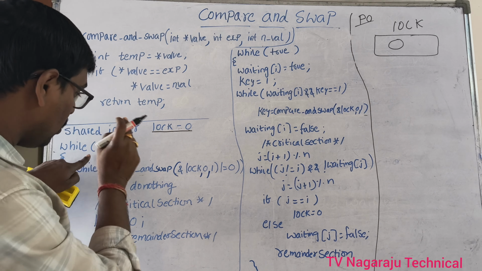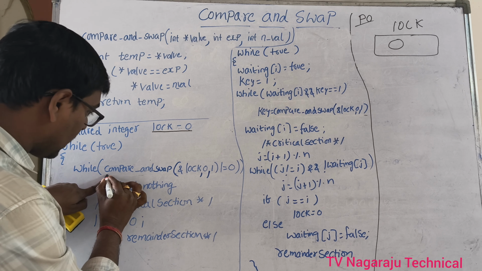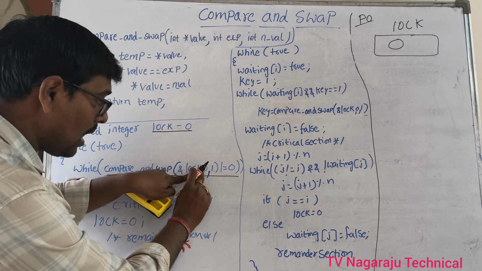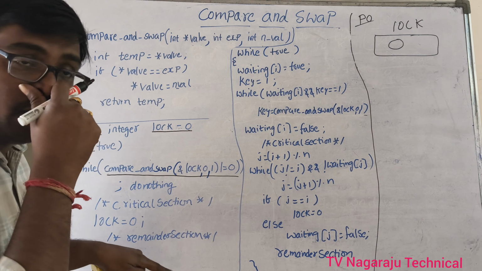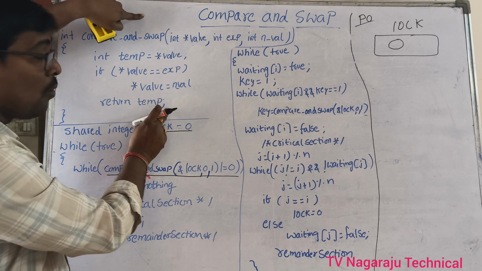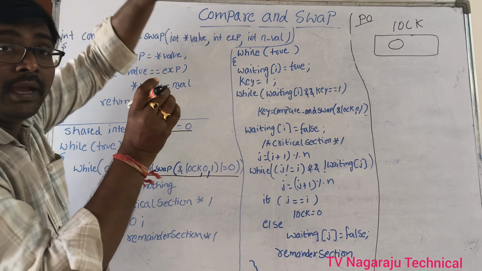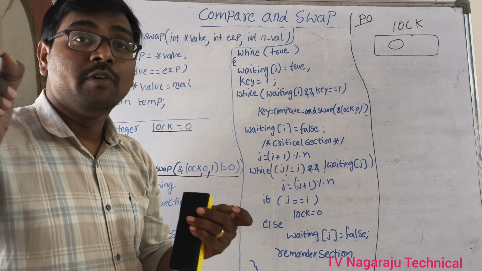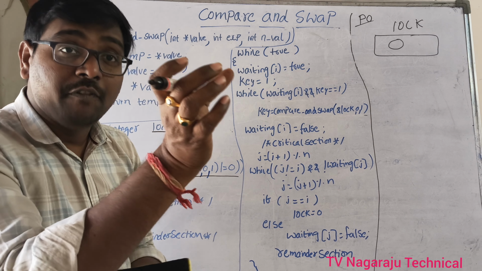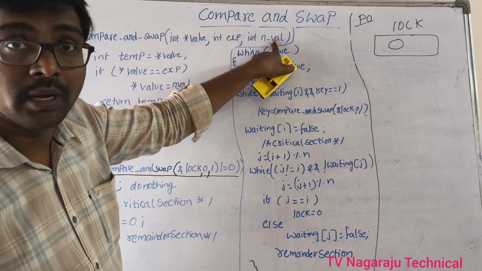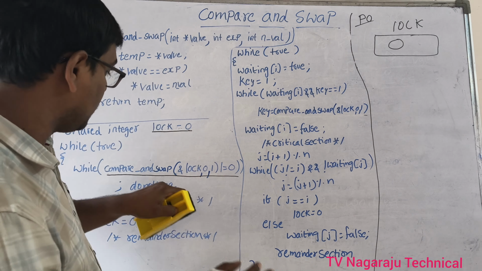Now, while true, I am calling the algorithm compare and swap, ampersand lock, comma 0, comma 1. This is the algorithm for compare and swap. What does this algorithm do? It compares the value of the memory location with an expected value. If it is equal, it updates the value with the new value. Clear? This is what the algorithm does.